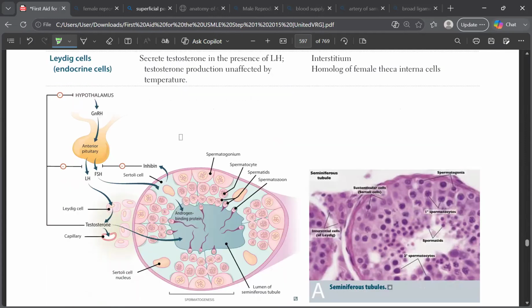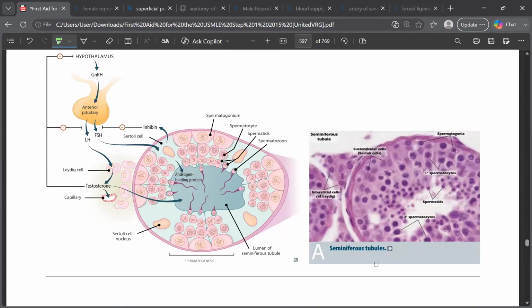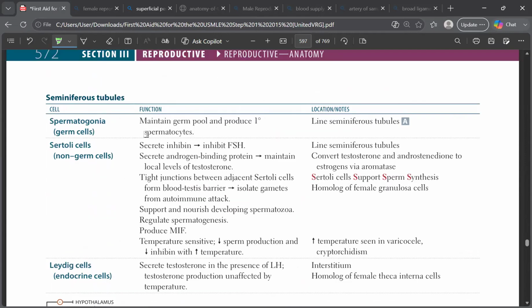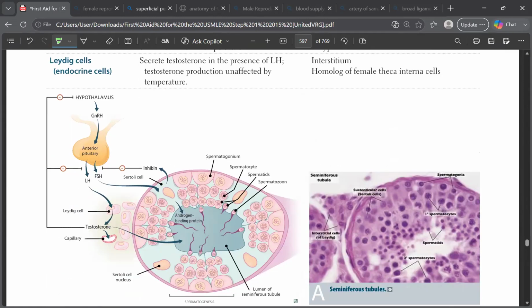They line the seminiferous tubules. The A-star spermatogonia produce primary spermatocytes and then secondary spermatocytes.